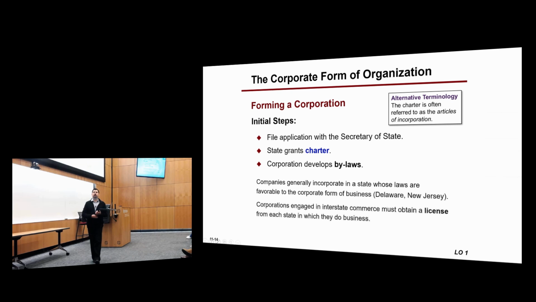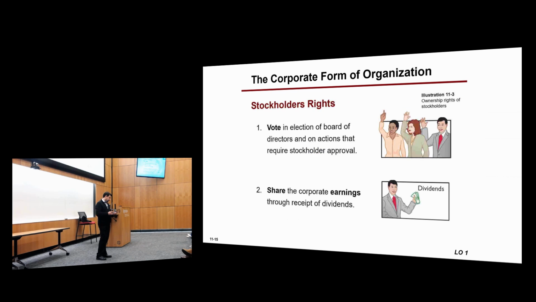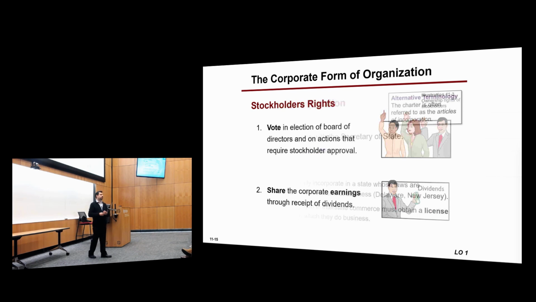Now, how is a company formed? A corporation is formed, it all starts with a charter. This is given by the state. So the state would grant the applicants a charter.